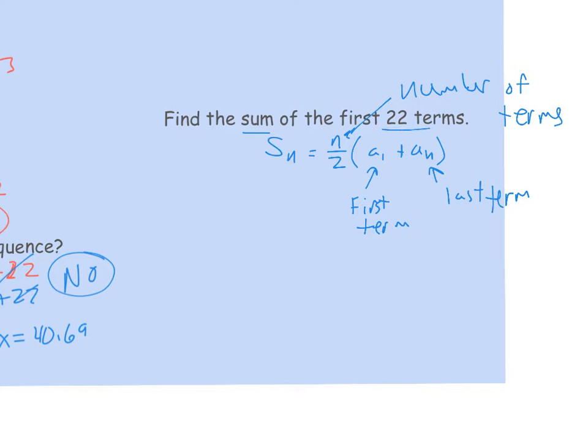So first 22 terms means n is equal to 22.